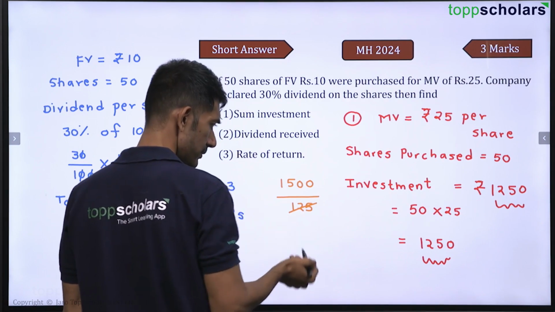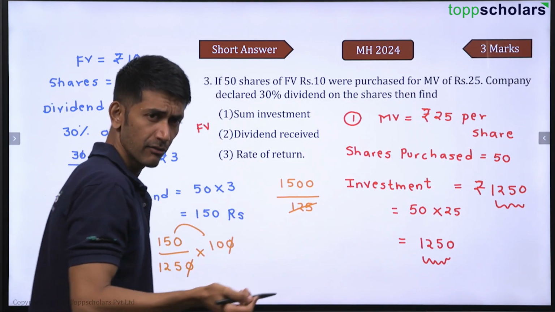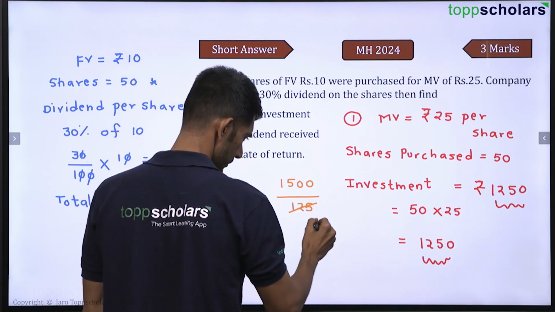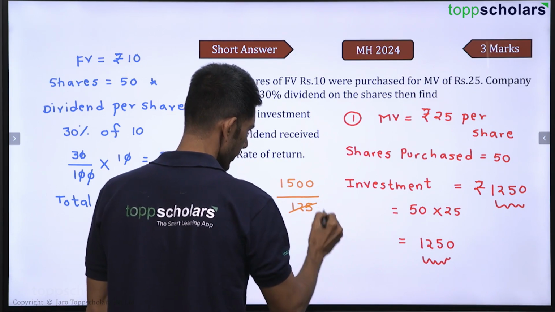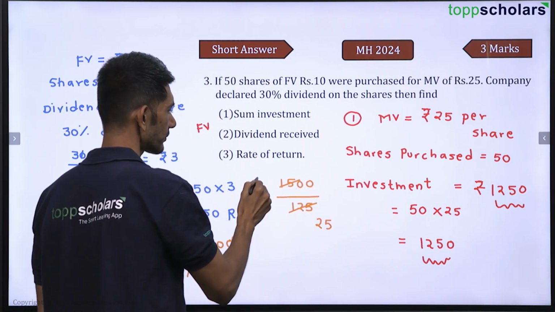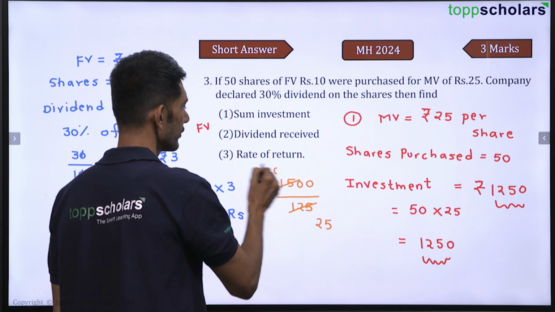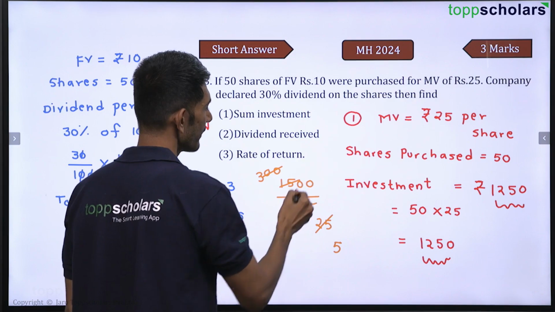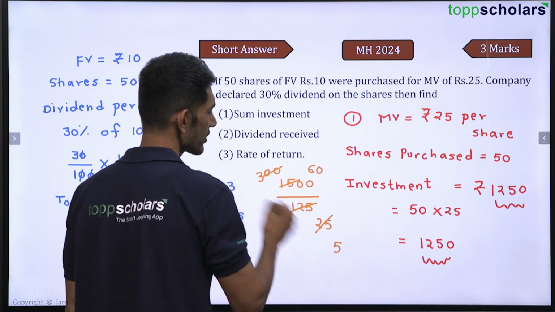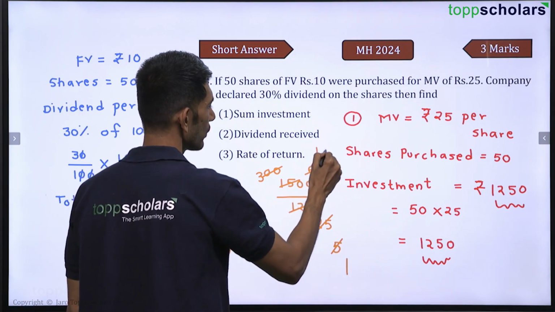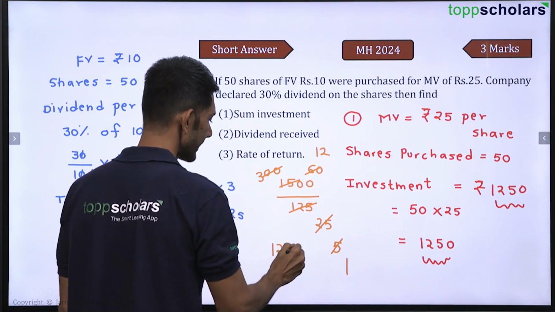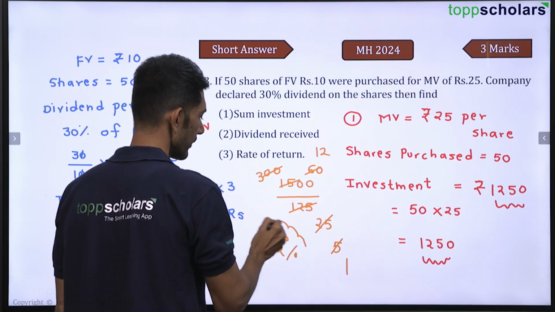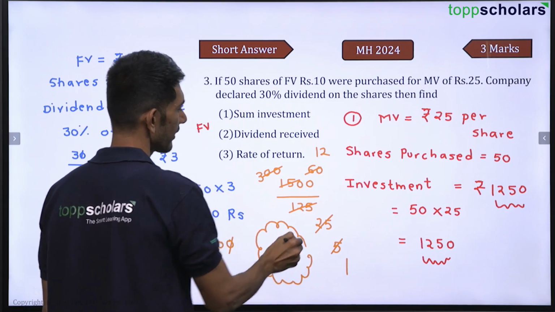You can divide by 5. 125 divided by 5 is 25. Divide by 5 again, that gives you 5. Divide by 5 again, that gives you 60 over 5, so 12. So 12% is nothing but the rate of return.